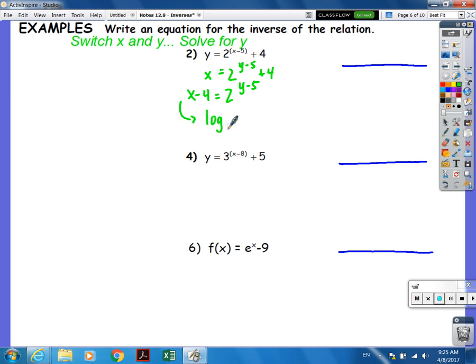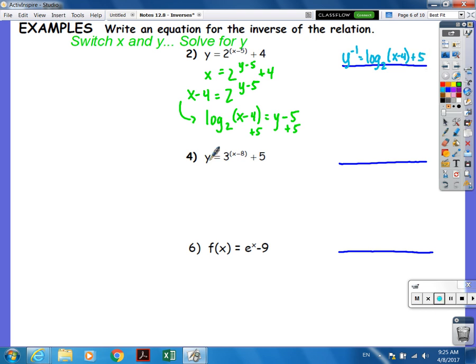This is log base 2 of this whole thing. Very important that you keep that in parentheses. Equals y minus 5. So almost done, but I need to get y alone by adding 5 to the other side. So in my final statement, my inverse is going to be this left side: log base 2, so 2 is the subscript, x minus 4 in parentheses, plus 5. Plus 5 is outside the parentheses.